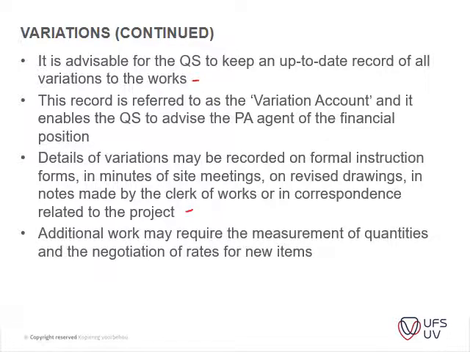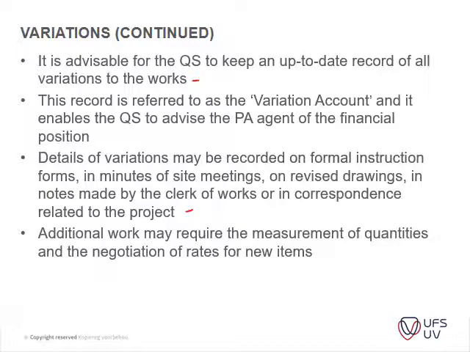Additional work may be required, so there is measurement of quantities and negotiation of rates for new items. Usually if it's an addition of items that have already been included in the bill of quantities, but the quantities weren't measured to the right total, those items are easily adjusted because you've got a rate that you can calculate to the remeasured quantity.